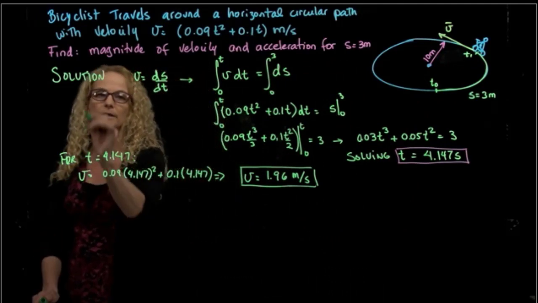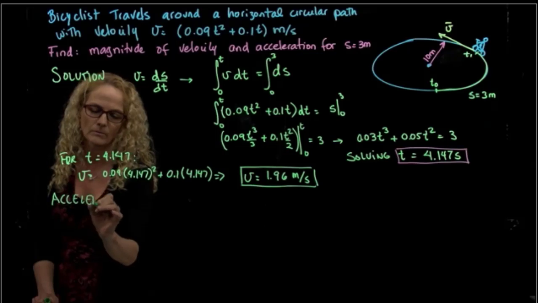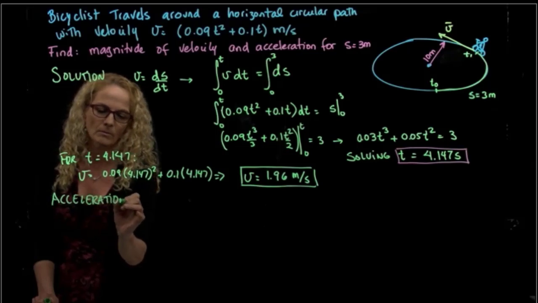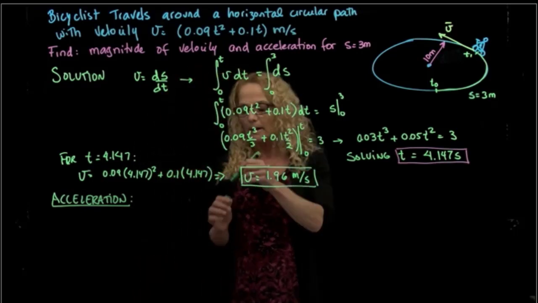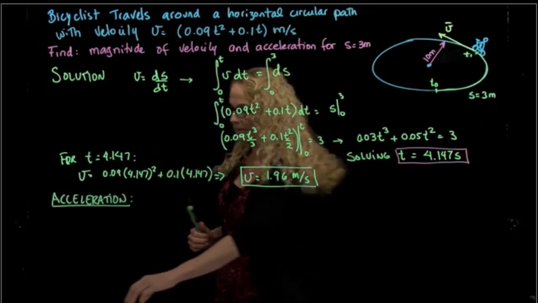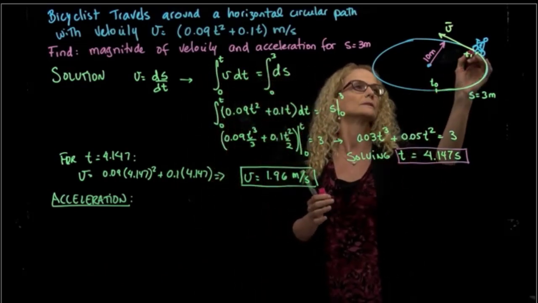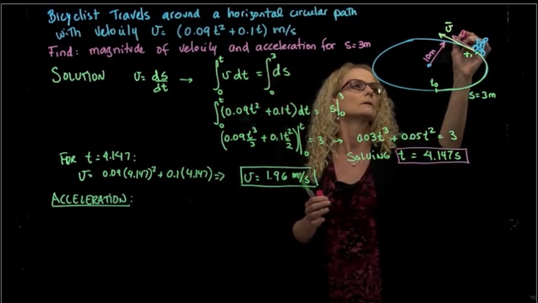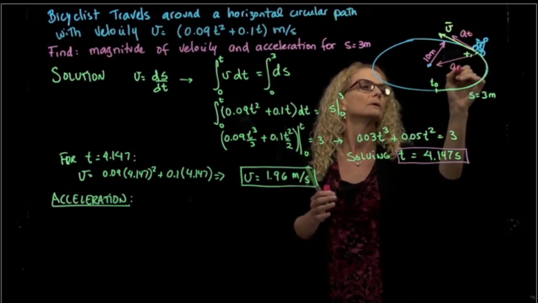Let's do the acceleration. Remember that if we have a circular path, we always have acceleration in two directions: tangent acceleration and normal acceleration.